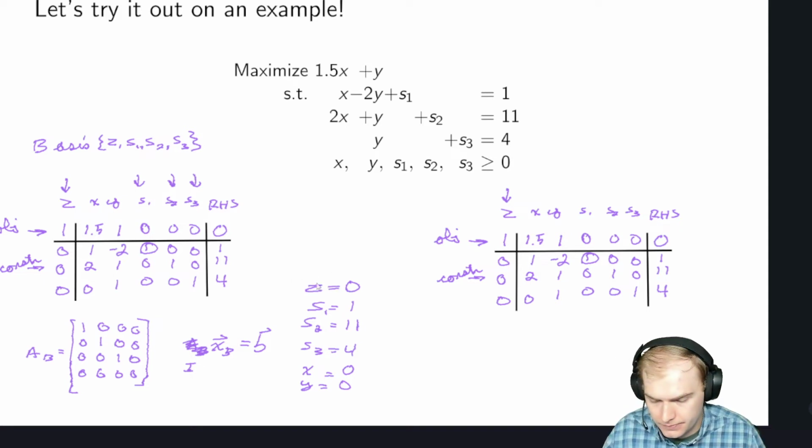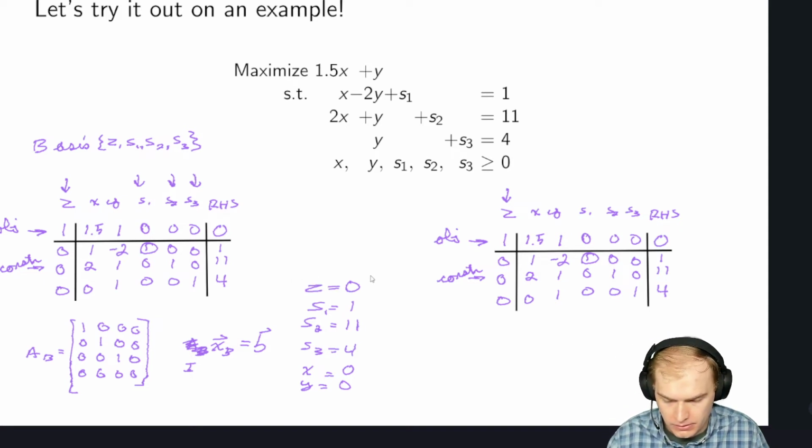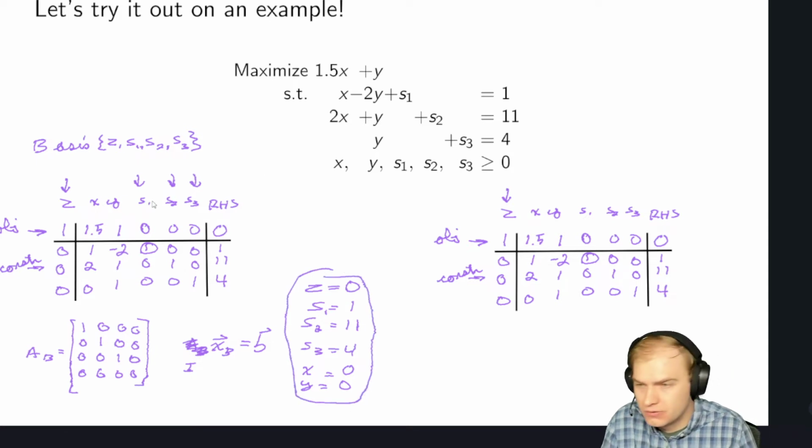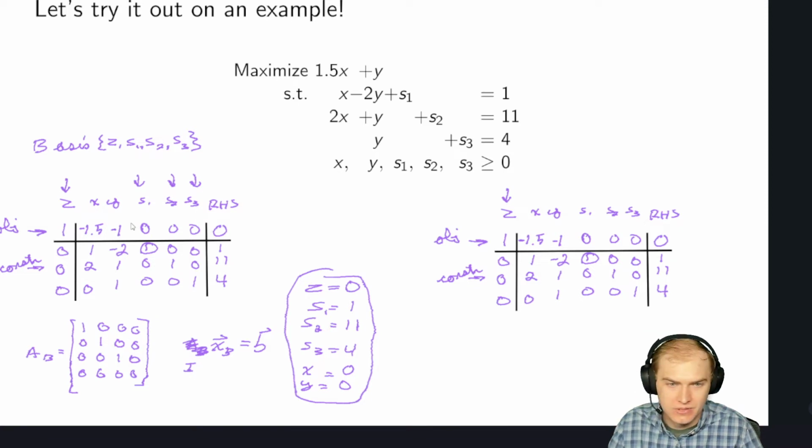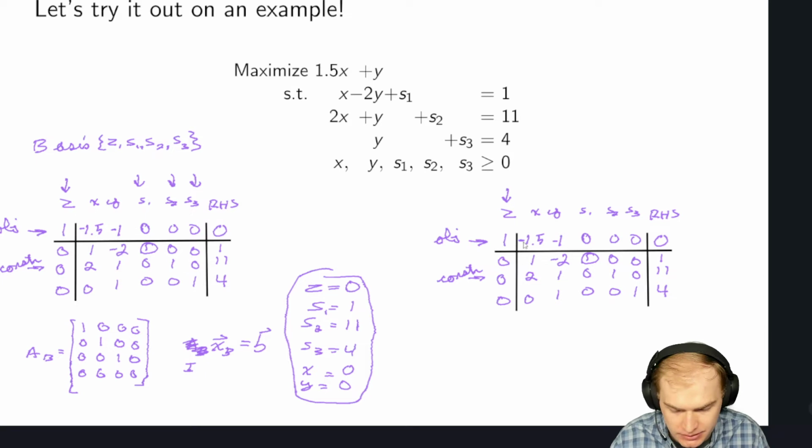One quick correction. We should have negative c in the objective function row. Negative c. And that changes up our process just a tiny bit.